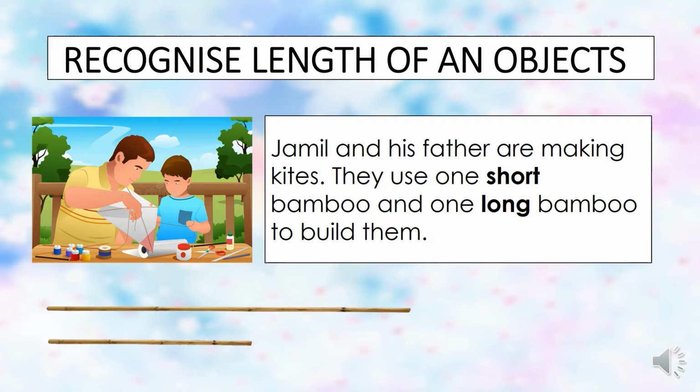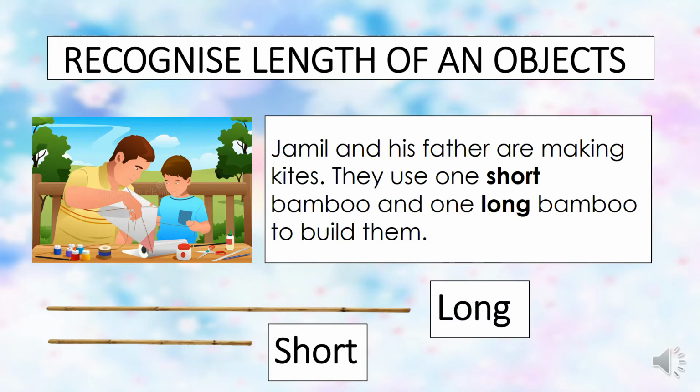They use one short bamboo and one long bamboo to build them. There are two types of bamboo used here. The first type is short and the second type is long bamboo. The keywords for length of an object are short and long.